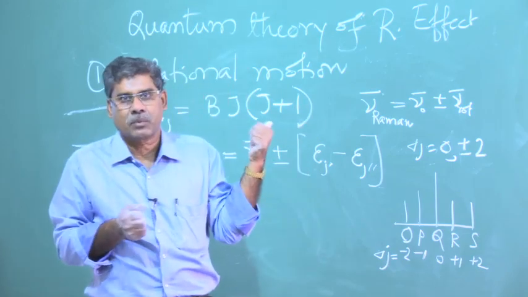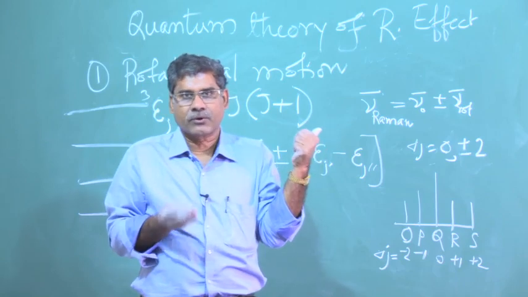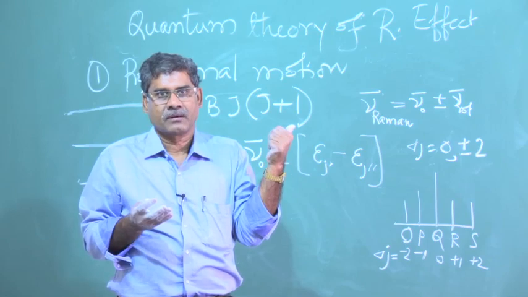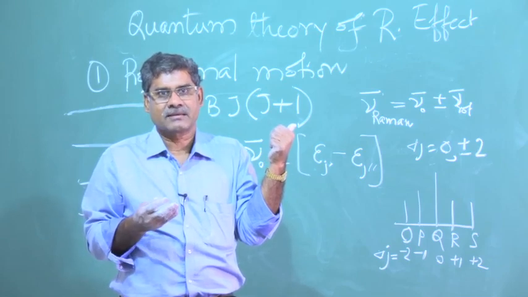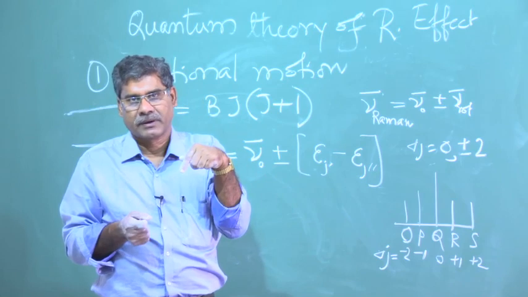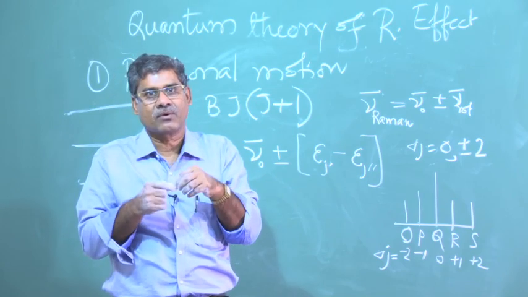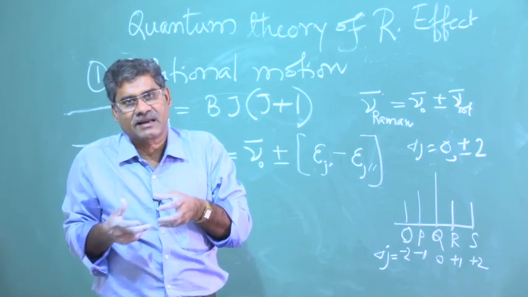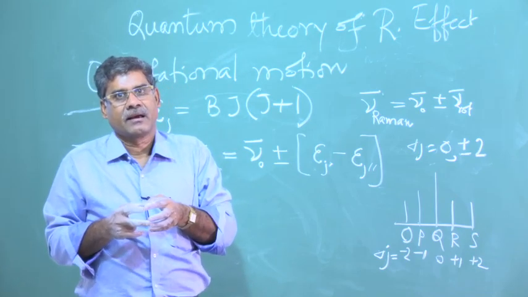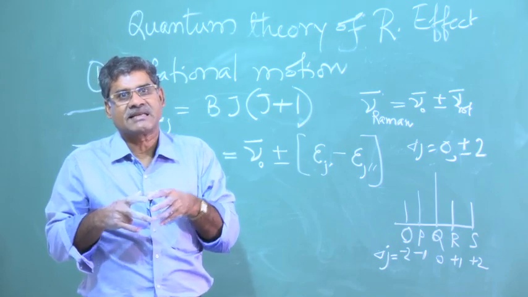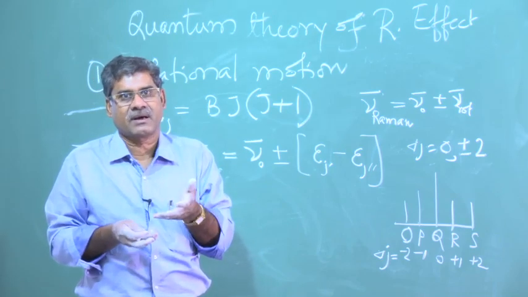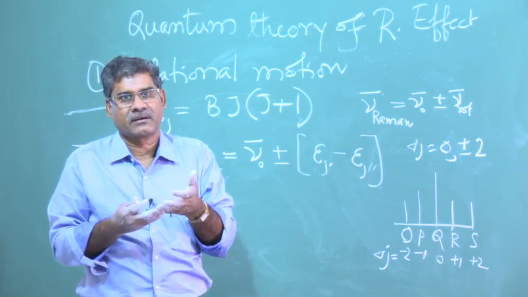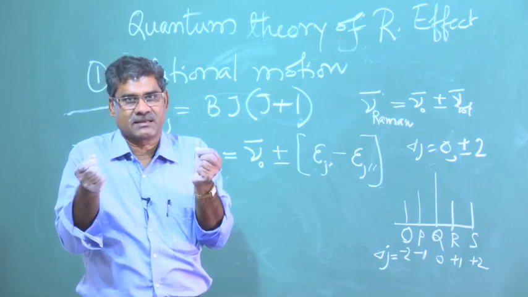In pure rotation, that is microwave spectroscopy, we have not put external radiation, but in Raman, the molecule is under external radiation, and because of that there is a change of polarizability, and this polarizability is sensitive to the direction of the electric field with respect to the bond axis.